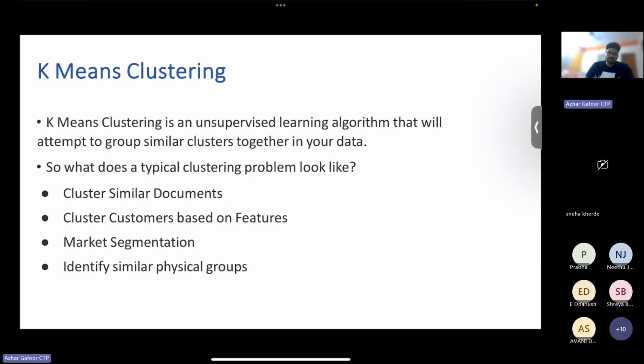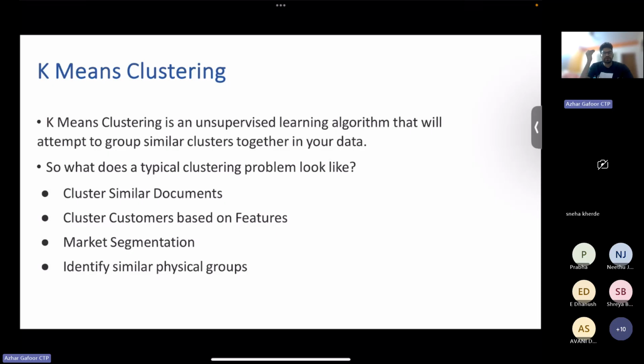As the name suggests, k-means clustering is used for clustering. It partitions the data set into k clusters, where k is the number of clusters that we want to get after this algorithm is run.